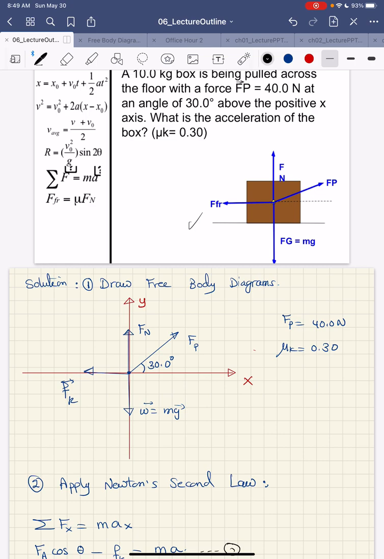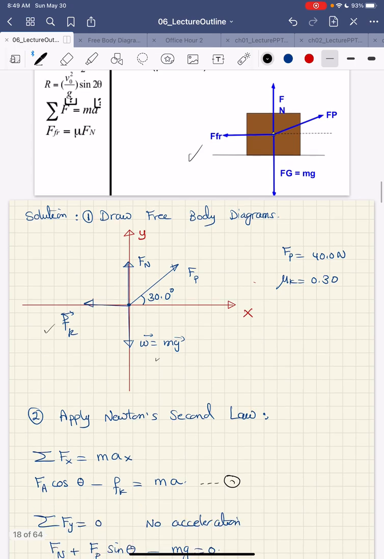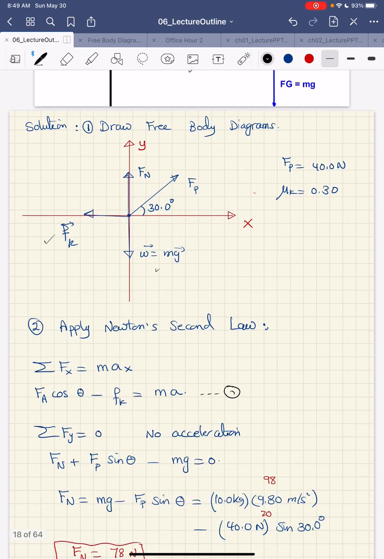I have the applied force, I have the normal force, I have the force of kinetic friction, I have the weight. I will apply Newton's second law for the vertical and for the horizontal. Here I need the vertical as well. The reason is we want to have the normal.